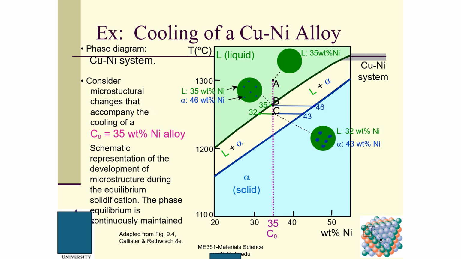This L is liquid. So at this point, 24 and 36, and you can see this is the alpha, the particles in the liquid phase are growing bigger. For the liquid, it is 21 weight percent. This is the dot, this is darker, the dots, they are 36 weight percent.